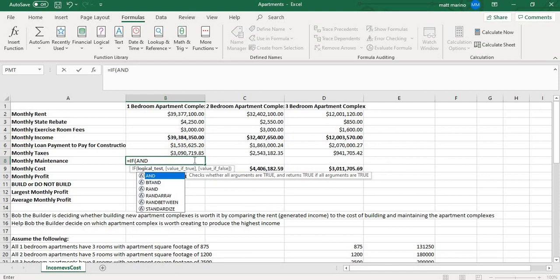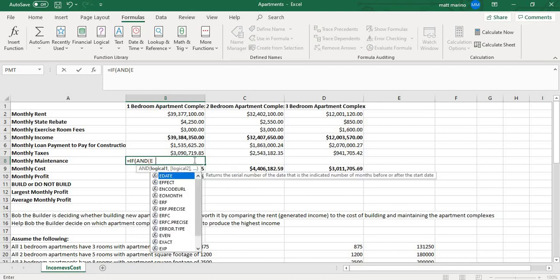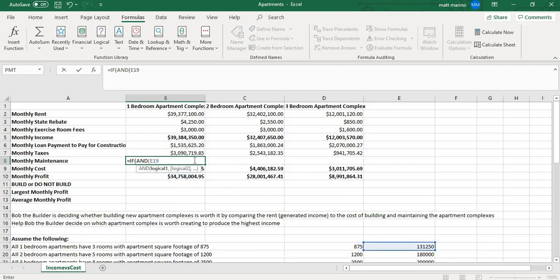This time, since two things are possible, not one or the other, we need to embed an AND function inside of an IF function. So first we need to check whether E19 is greater than 25,000. So we reference our absolute cell reference where that is.